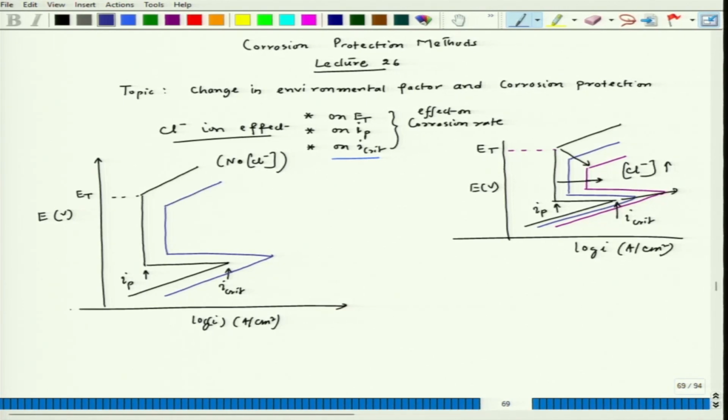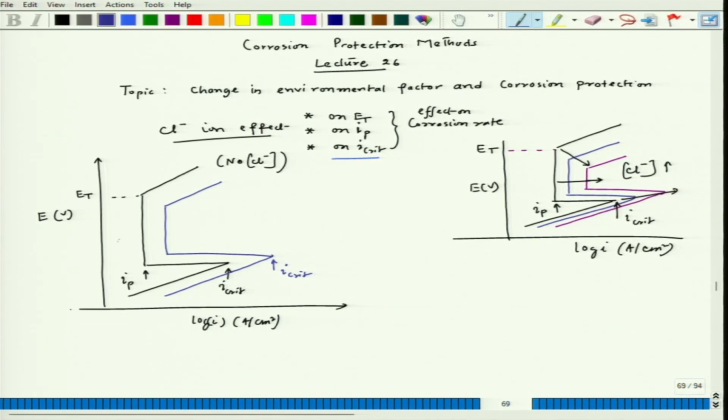This will be the pattern of the active passive anodic part of the metal. Now, I critical has moved to this location. And what is the importance of I critical? I critical is the maximum point in the active passive anodic part before the metal achieves passivity.